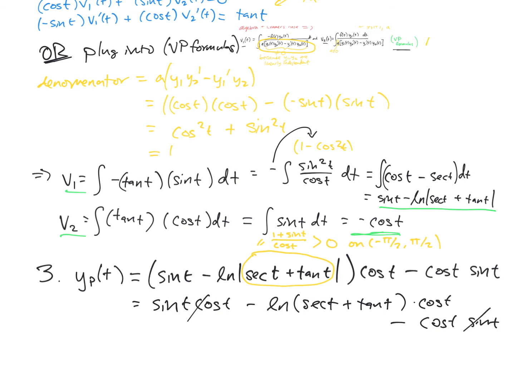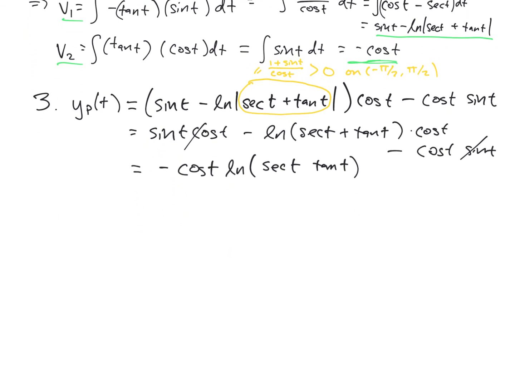And so those two cancel, and you're left with just that middle term. So that's negative cosine t ln of secant t plus tangent t. Okay, so that is our answer because we were looking for a particular solution.